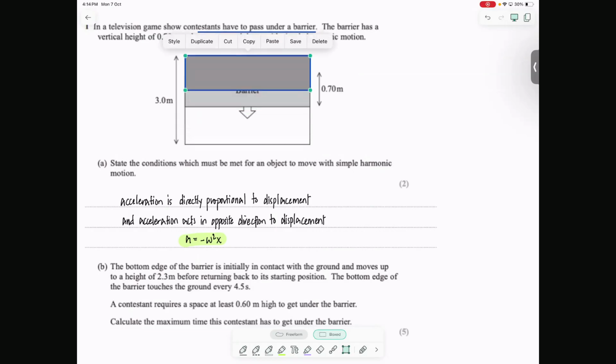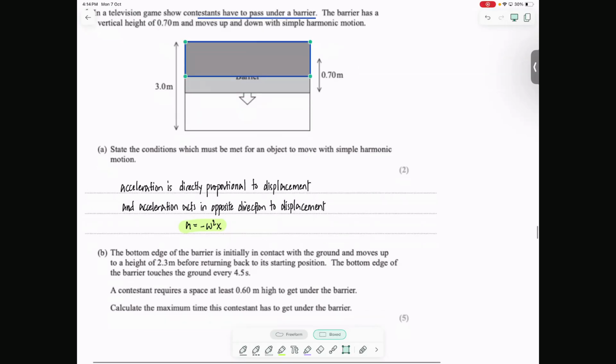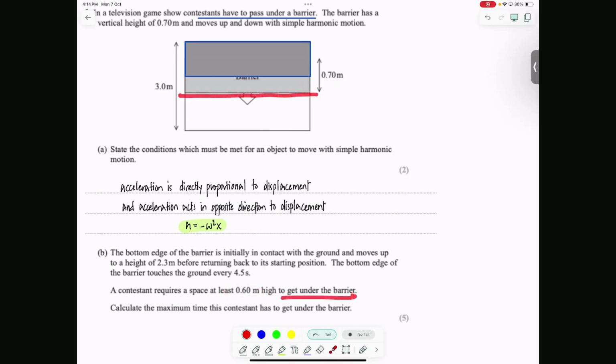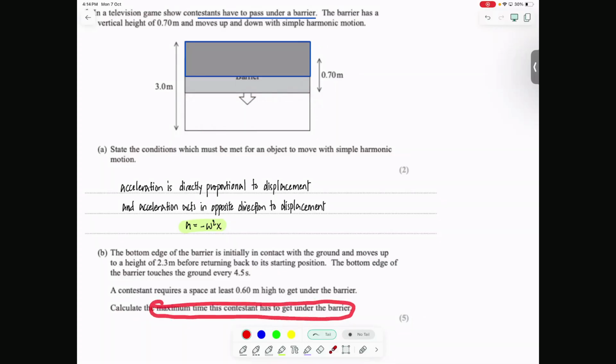Now, if you want to successfully pass under this, look at this statement. A contestant requires a space of 0.6 meters to get under the barrier. So when the gap is 0.6 meters, you can actually go under the barrier. You need to find out how much time the contestant has to safely go underneath. It's continuously going up and down, and there's a brief moment where the person can pass through.